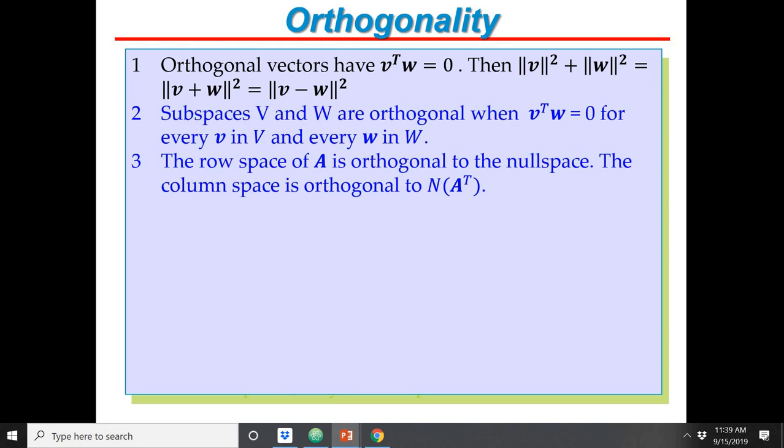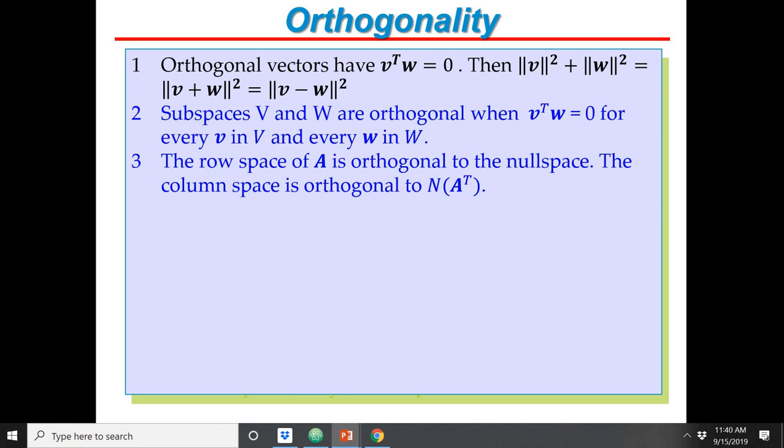Let me give you a summary of what the remainder of this lecture is going to be. We're going to prove something extremely fundamental to linear algebra. We're going to show that the row space of a matrix is orthogonal to the null space of that matrix. We already know that both spaces are subspaces of Rn.